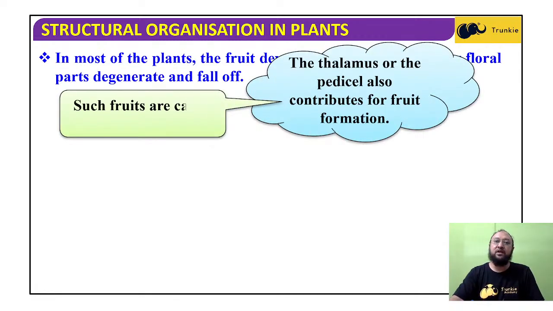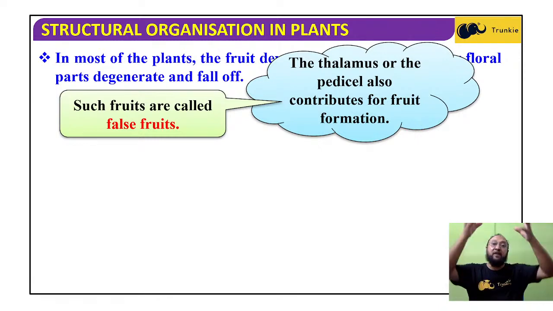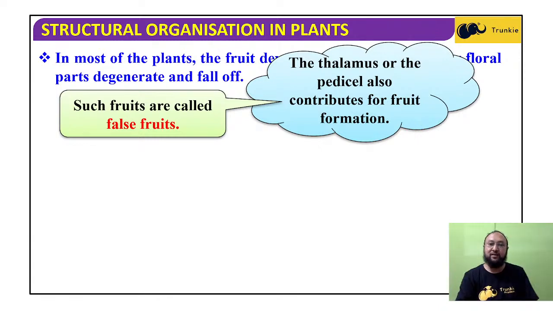In some cases the thalamus or the pedicel also contributes to fruit formation. Such fruits are called false fruits, like the apple. When I was explaining the flower, I said the thalamus is the base on which the floral parts are borne, and the pedicel is the stalk.